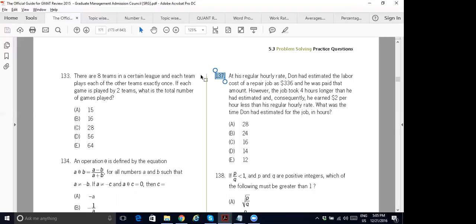Individual question mark. And w into t is also equal to 336, right?